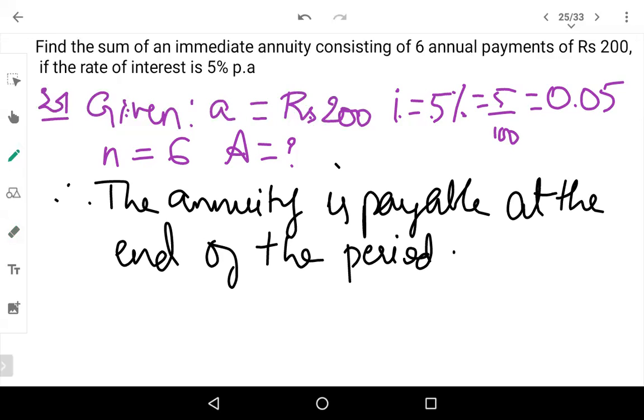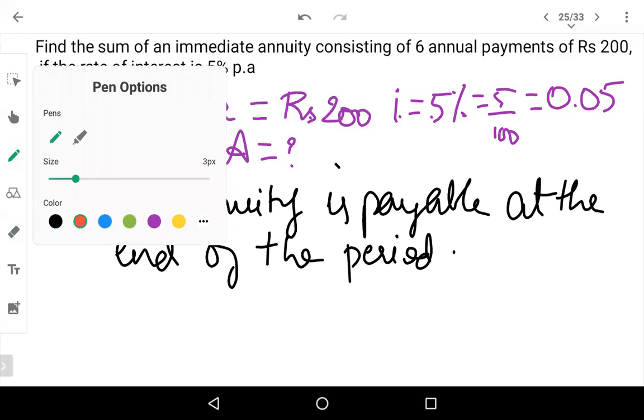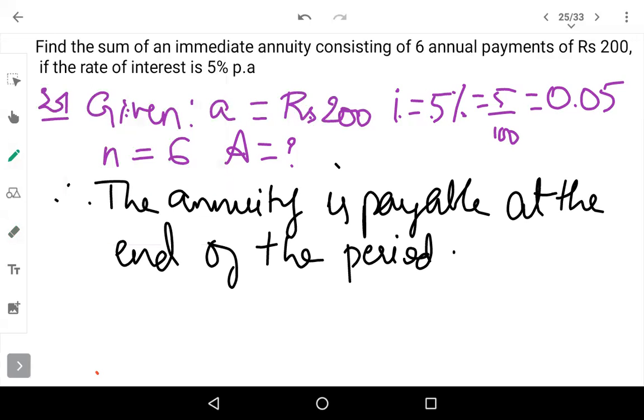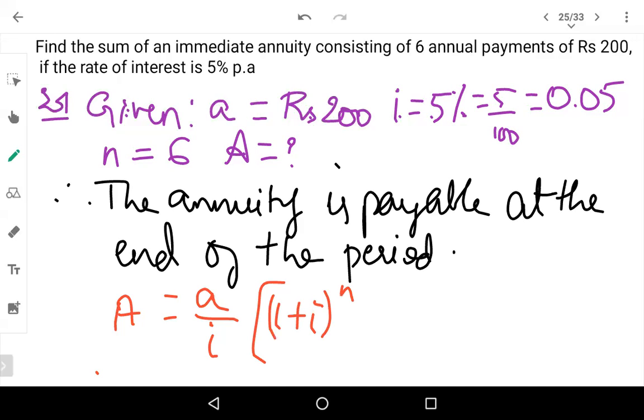Now as per our formula, if the annuity is paid at the end of the year, the formula goes like this, that is A is equal to a by i into (1 plus i) to the power n minus 1. So this is the formula.